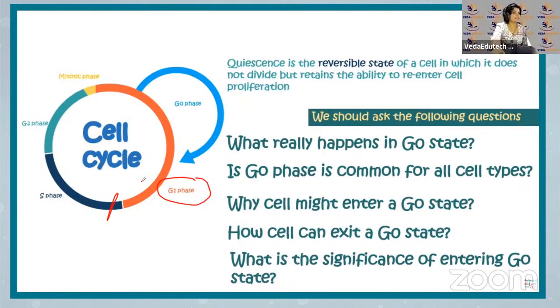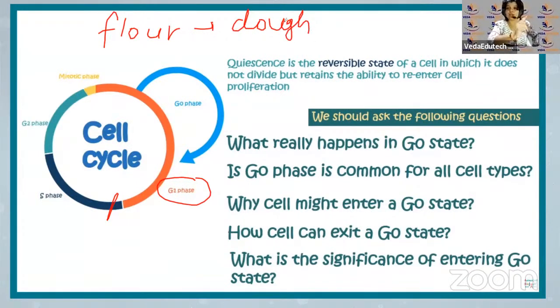Right? See, if you have wheat flour at home, if it is just there in a container, then you can do whatever you want with the wheat flour. You can make cookies with it. You can make a cake with it. You can make chapati with it. But if you have already made a dough out of this wheat flour, now you have to make chapatis, right?